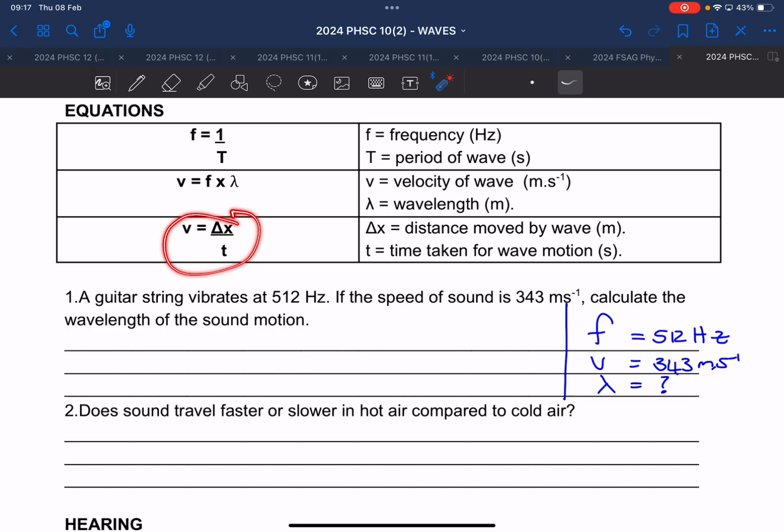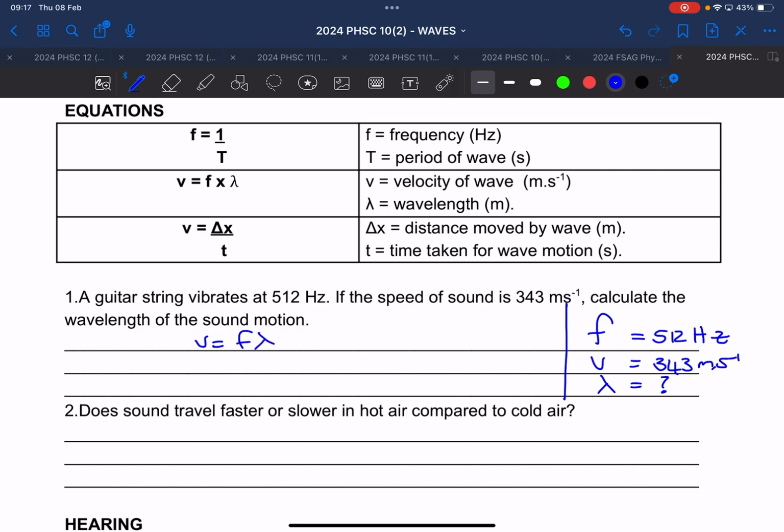Did they give us time? Did they speak about the period? Did they ask the period? Can you see these symbols coincide with these symbols? Yes. Okay, so V is F times lambda.